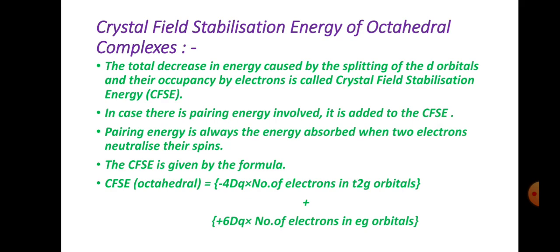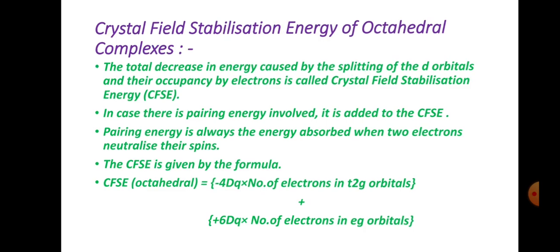In case there is pairing energy involved, it is added to the CFSE. Pairing energy is always the energy absorbed when two electrons neutralize their spins. The CFSE can be calculated by using the formula: minus 4 Dq into the number of electrons in t2g orbitals plus 6 Dq into the number of electrons in eg orbitals.